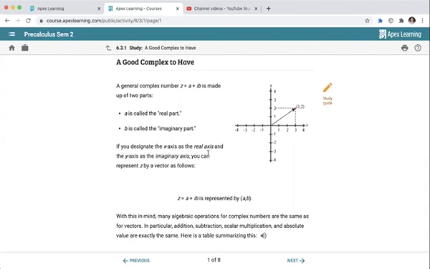Okay. And so what this is telling us is that we can designate on our polar coordinates here, we can designate the x-axis as our real axis and the y-axis as our imaginary axis. If we were to do that, we could represent our imaginary number here by this vector. Okay, so we can show it here by this vector.